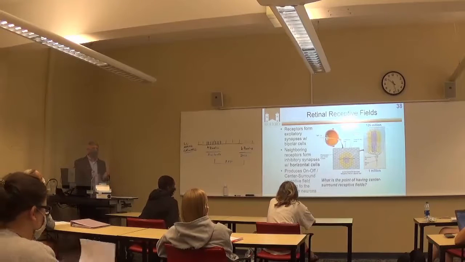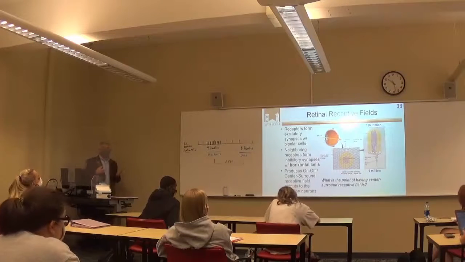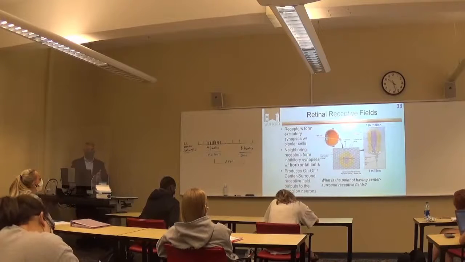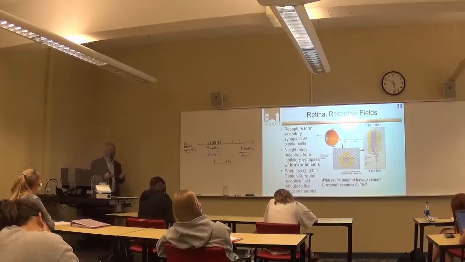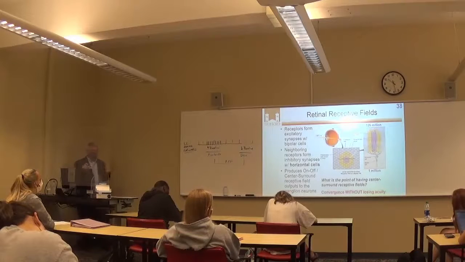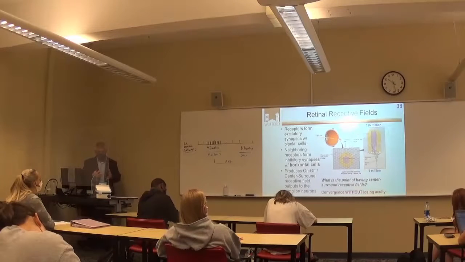So the point of having these is that we don't lose all of our ability to discriminate where that light is across those 126 receptors. We're still able to tell if it's in the center or the surround. Okay, we get convergence of the signal without losing all acuity.